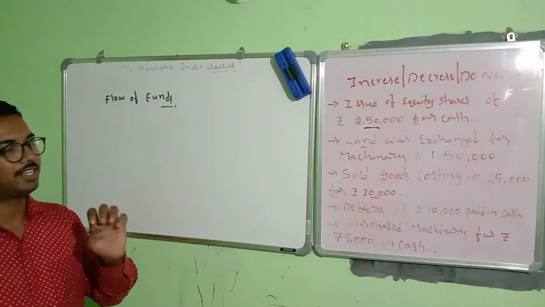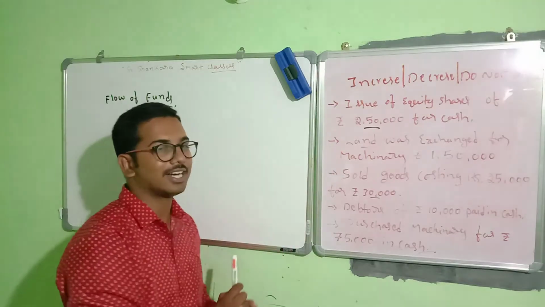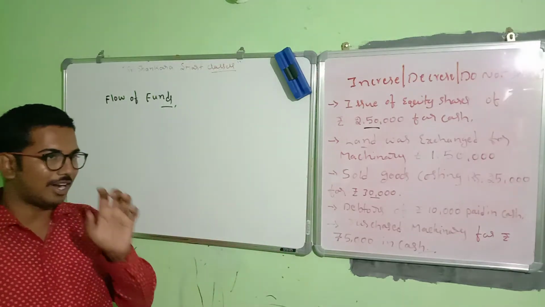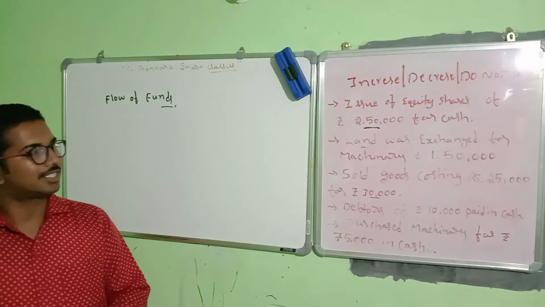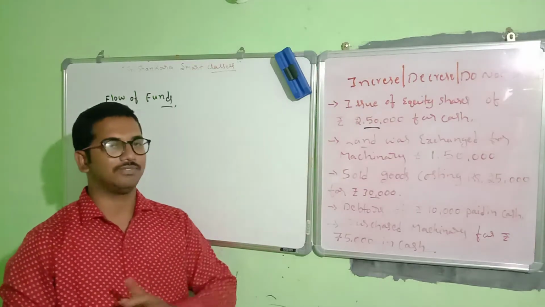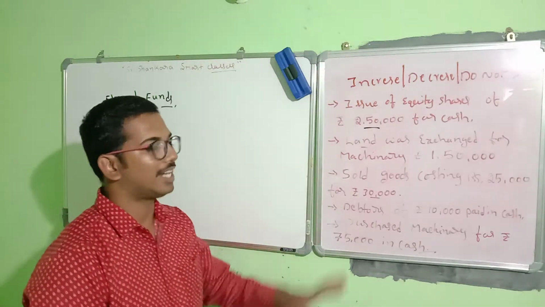It is one simple process of three steps. First, while analyzing the transaction, the same way we analyze transactions for journals, we have to classify the accounts. What are the accounts involved in each transaction?